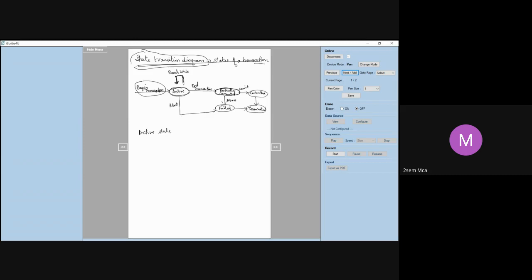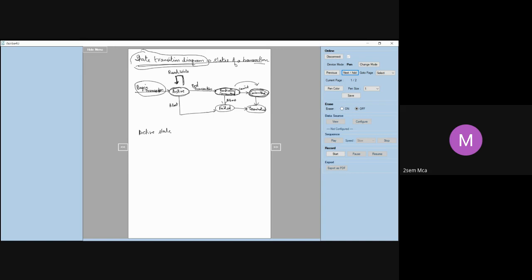Once the check is successful, the transaction is said to have reached its commit point, and then it enters the committed state. Once you finish checking and all operations are executed successfully, there is nothing that has gone wrong in the transaction, it will enter the committed state.